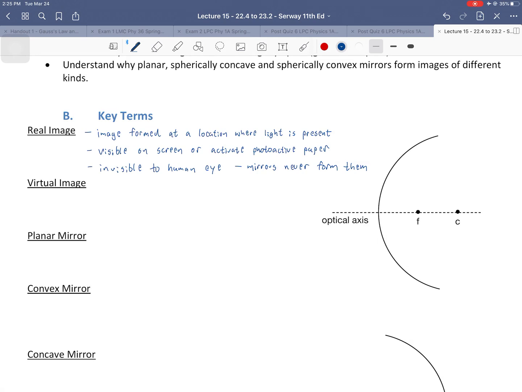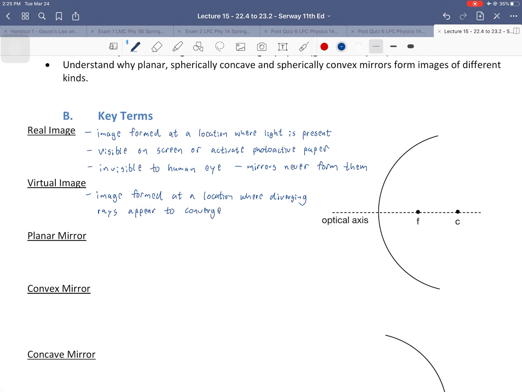So on to the other type of image. There's only two types of images, real and virtual. So virtual images are an image formed at a location where diverging rays appear to converge.